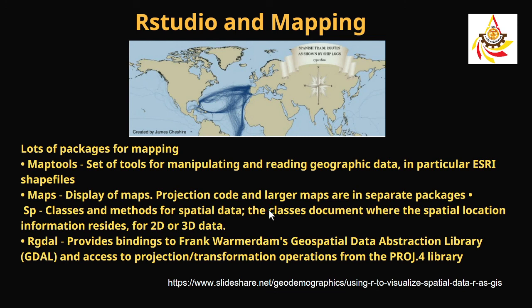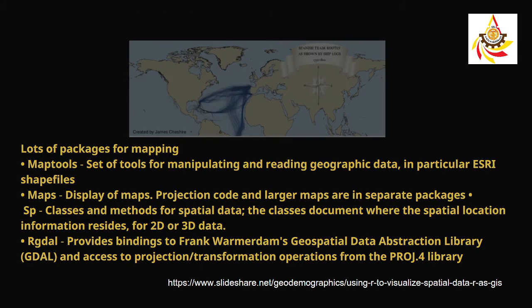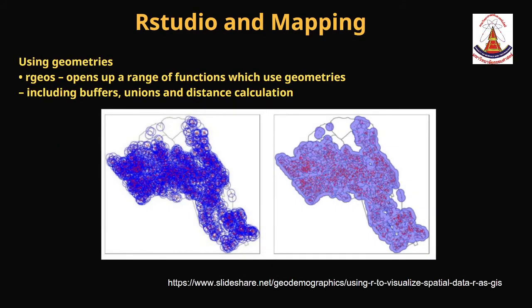But I recommend that first of all you use tmap because it's very easy to display and identify COVID or maybe a disaster that you would like to see the distribution of.